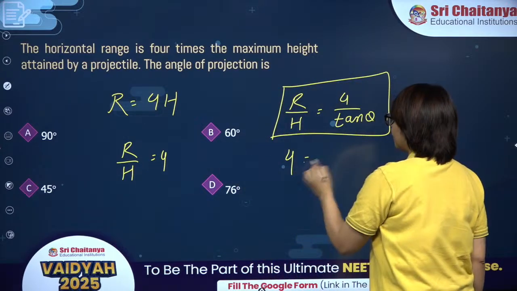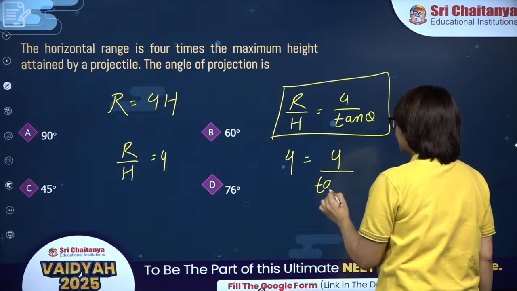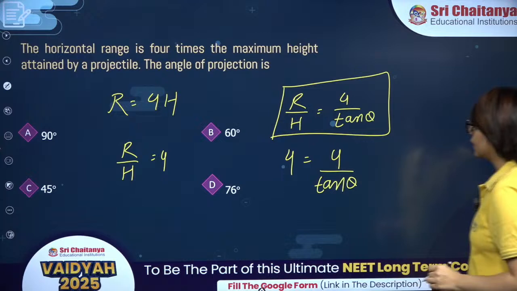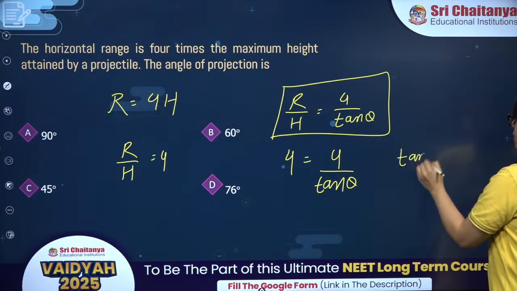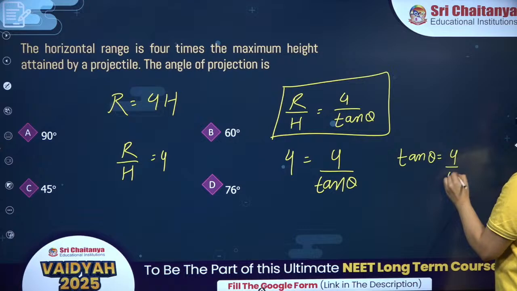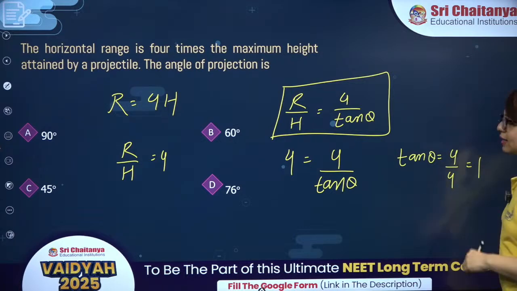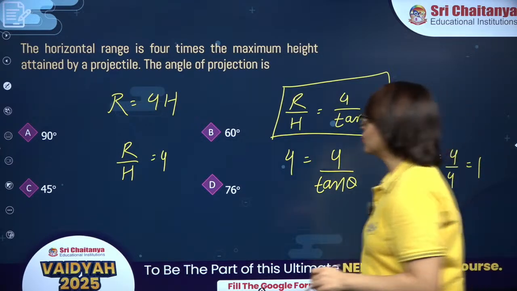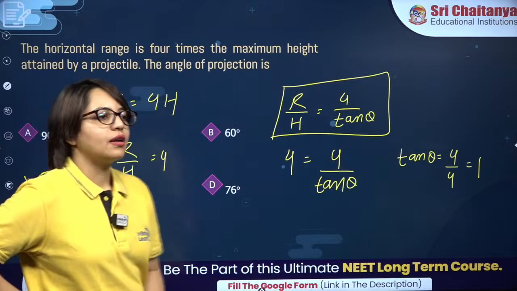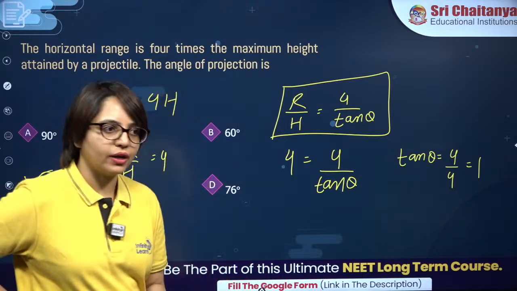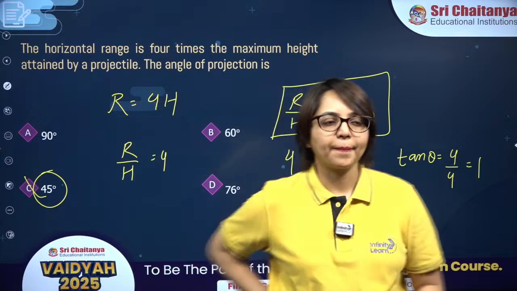So basically 4 should be 4 upon tan theta. Okay. So here tan theta is 4 by 4, which is 1. Tan theta is 1 when the theta value is 45 degree. So correct answer is option C, when the theta value is 45 degree. Option C is the correct answer.